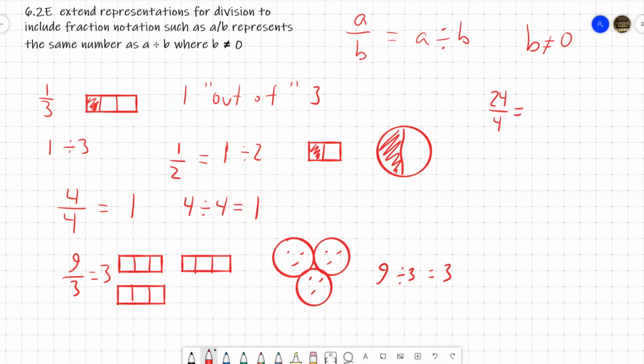I know that 24 divided by 4 is going to be 6. Or if I had 100/4, that would take a really long time to draw that model, but 100 divided by 4 is 25. And I know that because a dollar divided into 4 equal sections is 25 cents, right? So 100 divided by 4 is 25. And then if I had, say, 64 over 8, I know that would simplify as 64 divided by 8, which is 8.